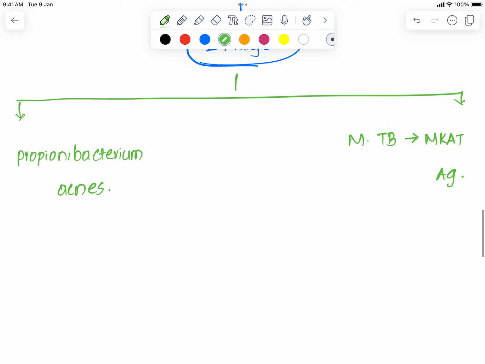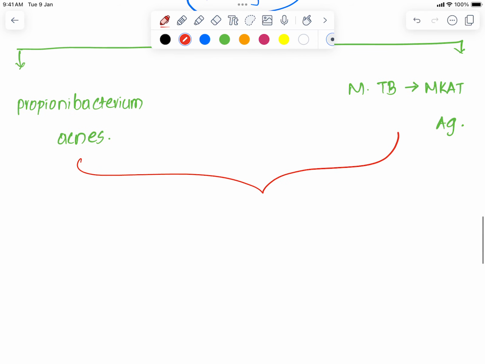The pathophysiology is that these two antigens, Propionibacterium acnes and the MCAT antigen, are recognized by the antigen presenting cells.